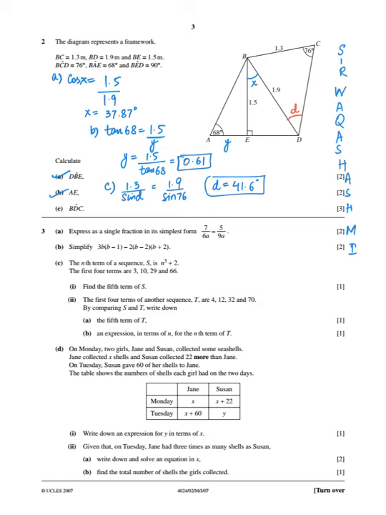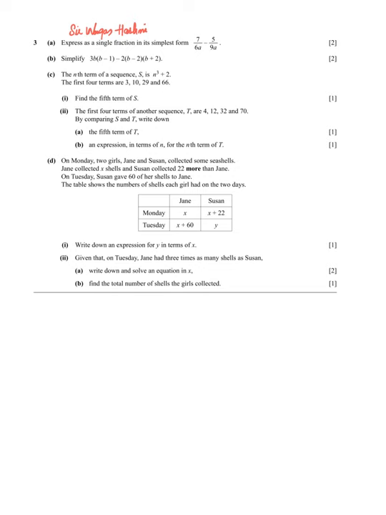That is your answer. Next question number 3, part A, says express as a single fraction, and we have 7 over 6a minus 5 over 9a. So I will take the LCM of 6a and 9a, and now 7 multiplies with 9a minus 5 multiplies with 6a. 7 9s are 63a minus 5 6s are 30a, divided by 9 6s are 54a square. 63 minus 30, that is 33a divided by 54a square.